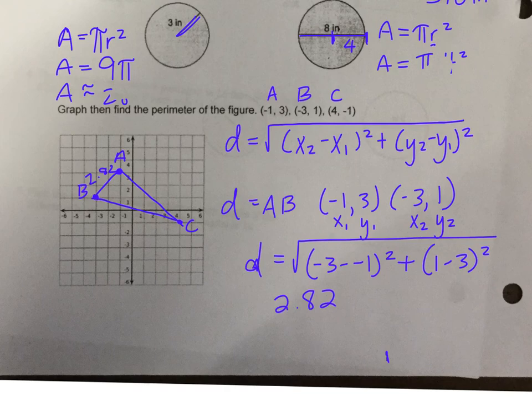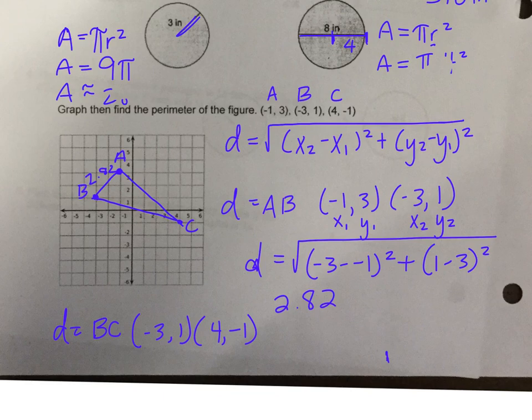I'm going to do the same thing, I need the distance for BC. So that would be negative 3, 1, and 4, negative 1. I would label those x1, y1, x2, y2. Then I put them in the distance formula.